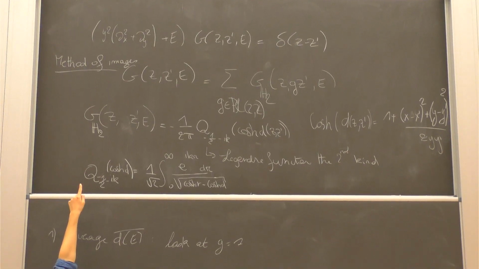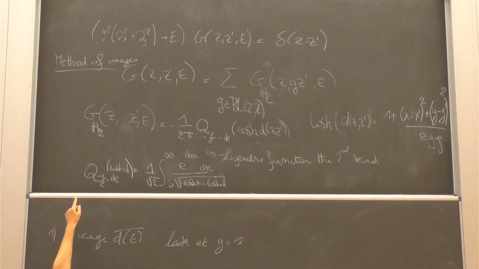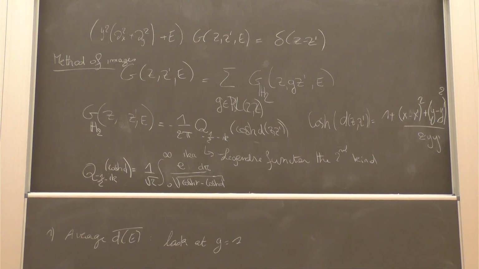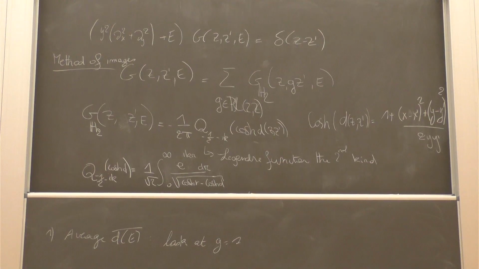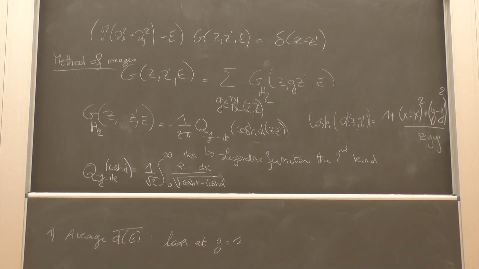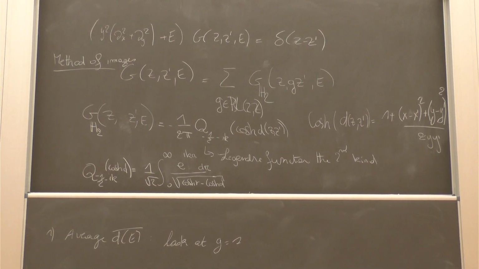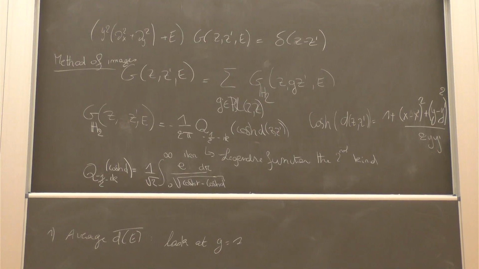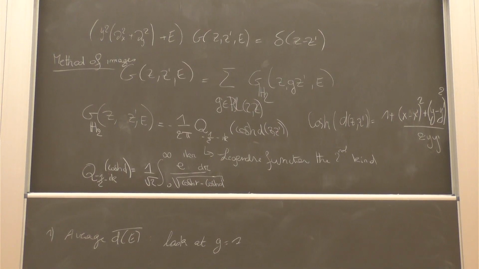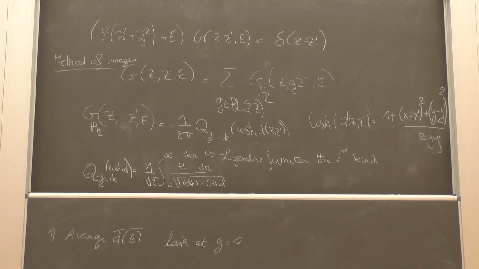So the GH2 here, this one is without the modular boundary condition. This one is for the full two-dimensional hyperbolic plane. And then on that one, we will apply the method of images because computing it in any other way might be more difficult than just applying the method of images on the one with no restrictions at all. The one with no restrictions at all is a commonly known thing, and that's also why I'm not deriving it.